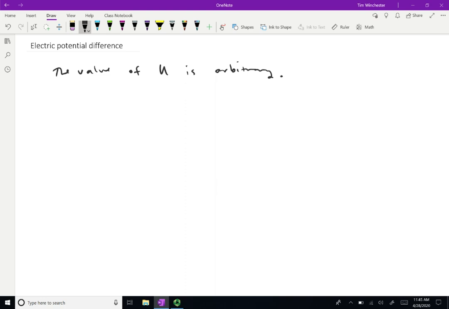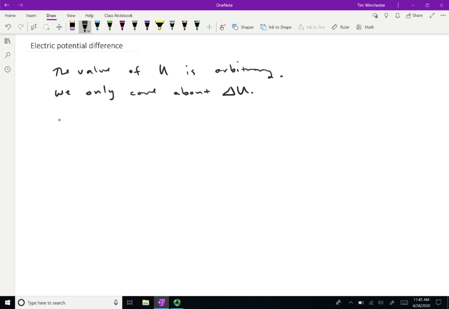The reason is that we only ever care about changes in energy. So even if I add some arbitrary constant to my energy, changes in energy will still be the same because the constant will cancel out. Well, we defined a new quantity in terms of the energy.